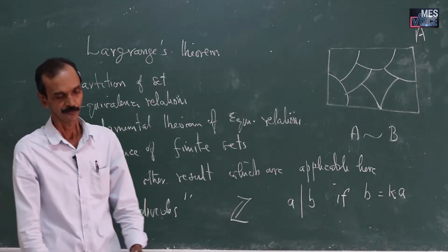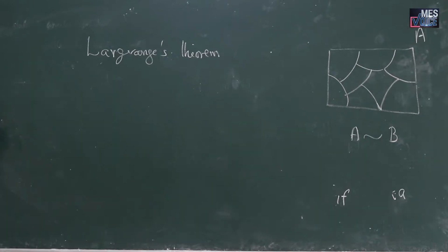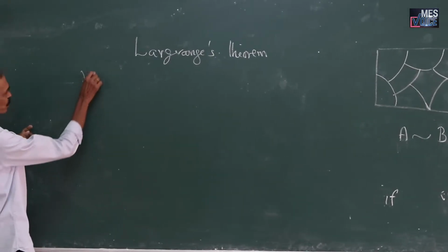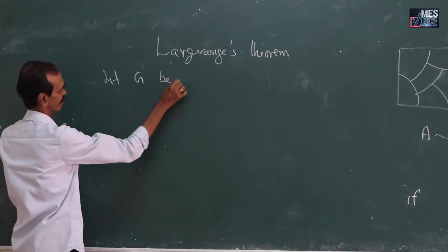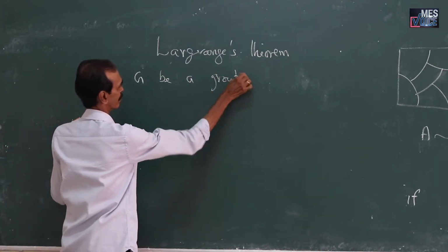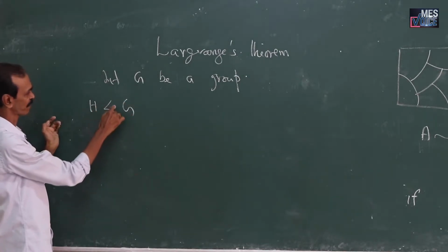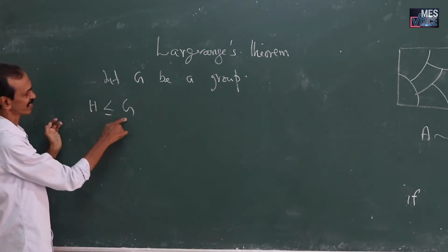Now, over to the proof of the theorem. We are going to mention two or three simple results in groups. Let G be a group. H is a subgroup of G. This is a symbol used for subgroup.